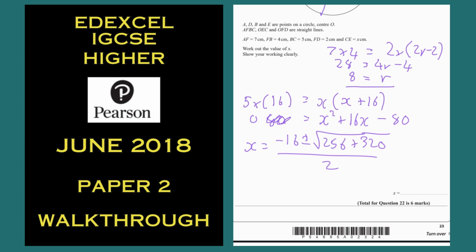Now, one of the answers you get is x equals minus 28. That's one of the answers that gets rejected because it's a negative length and we don't want that. But the other answer is a perfectly nice looking 4.